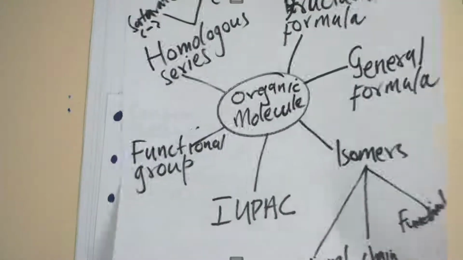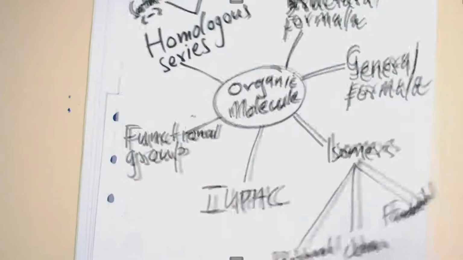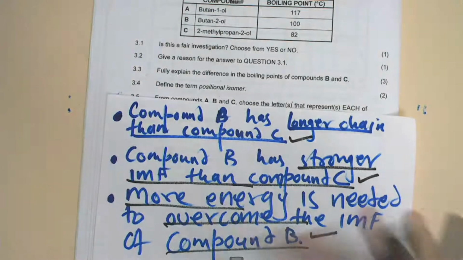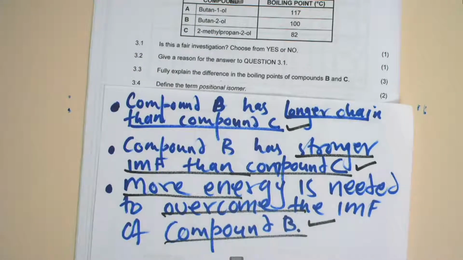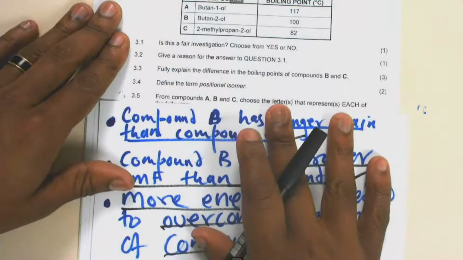So it means these pillars also contribute into this particular topic. So defining a positional isomer, it will be easy for us to say it is compounds with the same molecular formula but different positions of the functional group, and that will be your easy 2 marks.